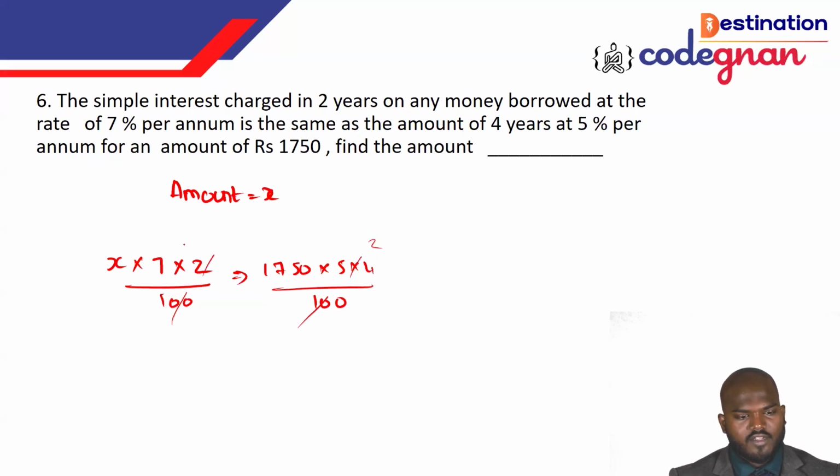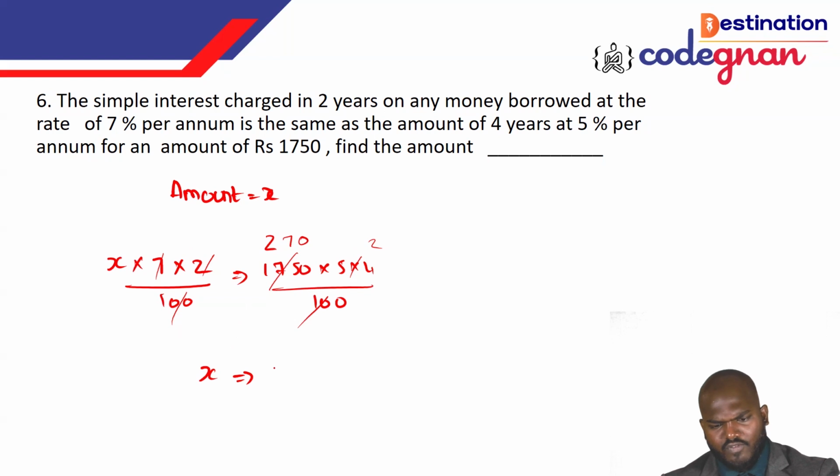Checking with the 7, 2 times 7 is 14, and the remaining will be 3, and I'll get 270 here. The answer you will get is 270 times 5. If you work out the value, it will give you the answer 2500.